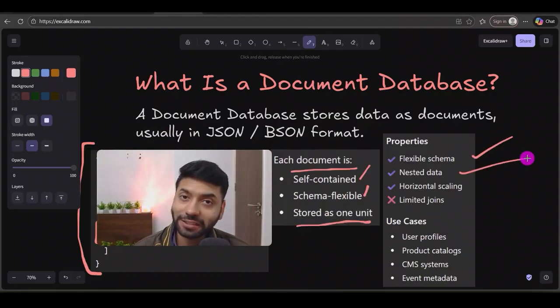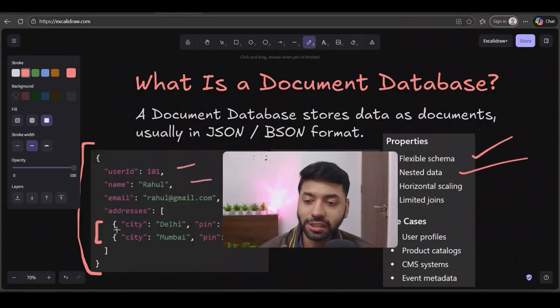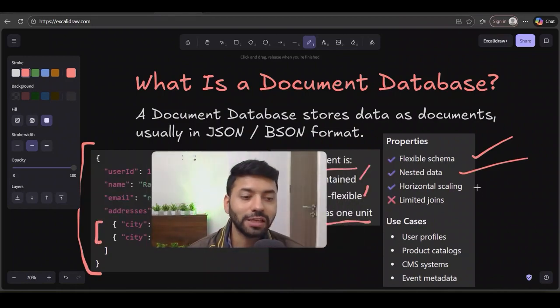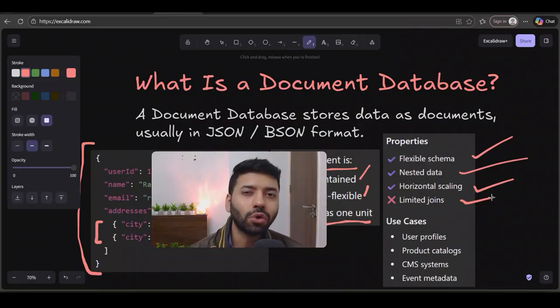They can have nested data, because this is JSON format; inside this you can keep nested data. These are good for horizontal scaling, the basic property of NoSQL databases. And we will use limited joins here because, as we discussed earlier, NoSQL databases are built by design such that we don't require joins. So NoSQL databases are not good for joins, right?